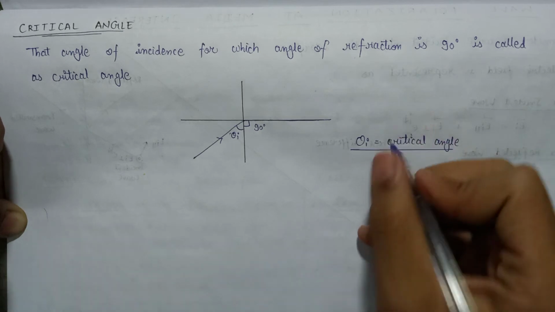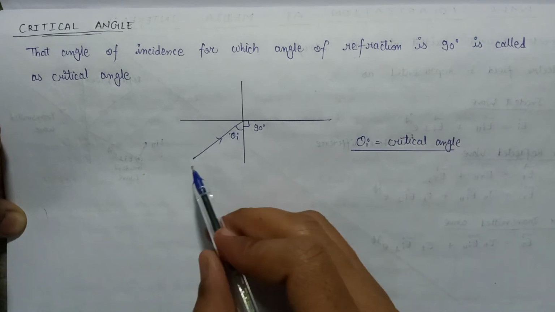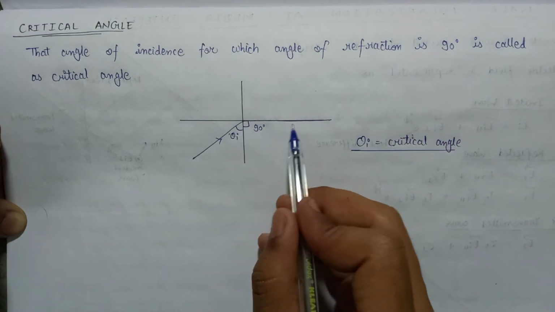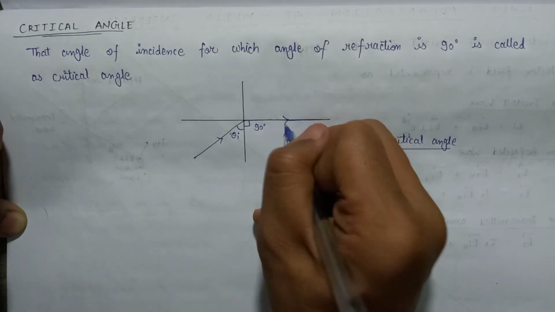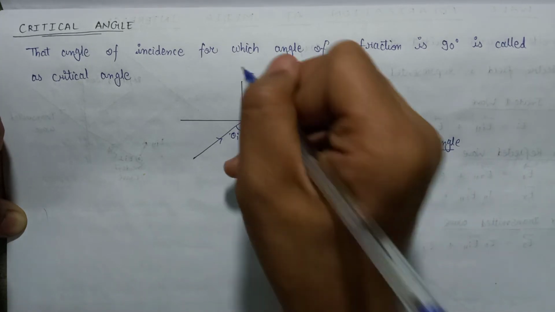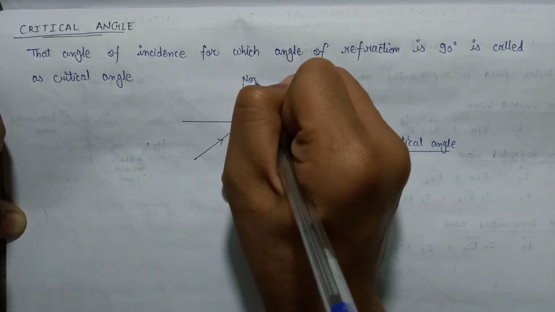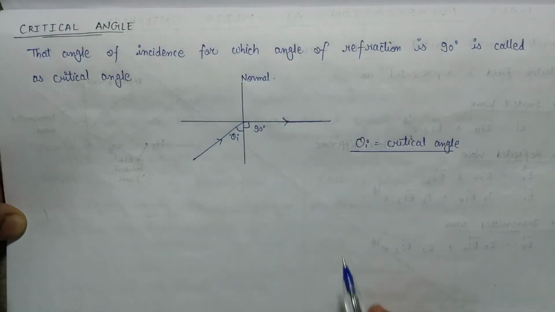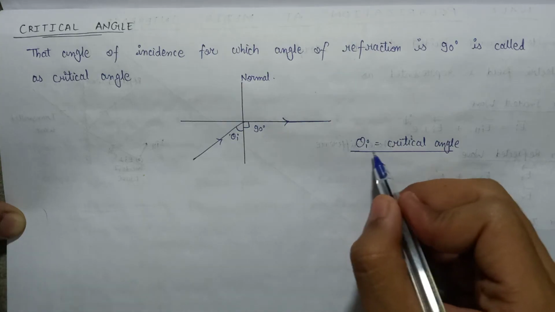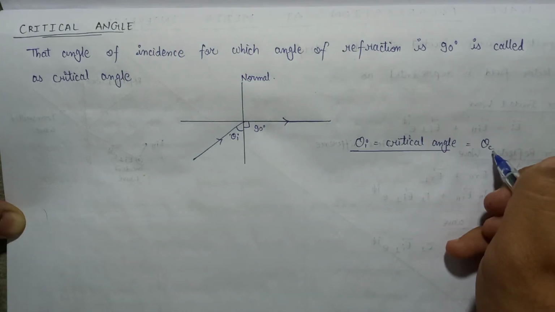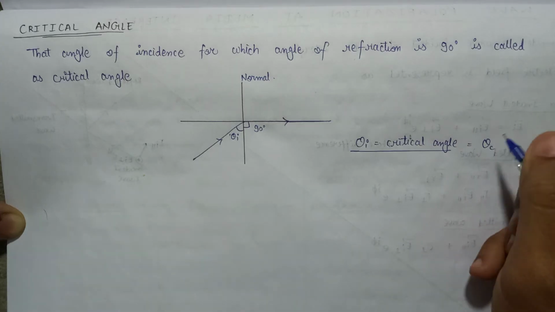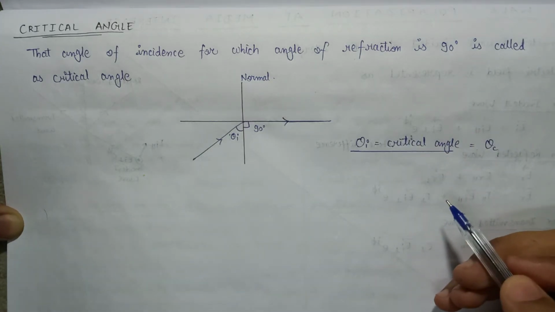Why is it considered the critical angle? Because at this angle only, the angle of refraction is equal to 90 degrees. So this is our refracted wave and this is our normal. This theta I can also be represented as theta C, where C represents the critical angle. And this is all about the critical angle.